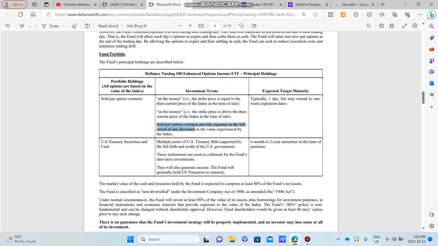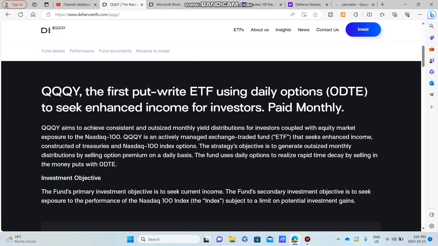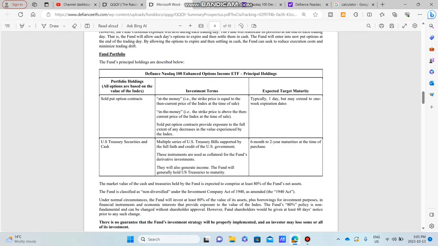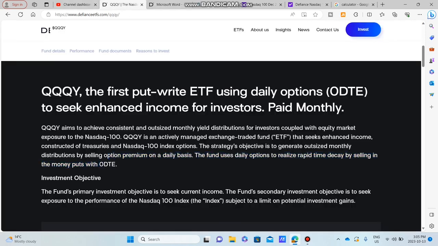And they have sold put option contracts, with exposure to the full extent of any decreases in the value experienced by the index. So with all this being said, they're just selling option premiums on a daily basis, every single day, 0 DTE. I saw somewhere in the prospectus that it says typically a 1-day option premium sale, but it may extend to a 1-week expiry date if it doesn't work out for them.